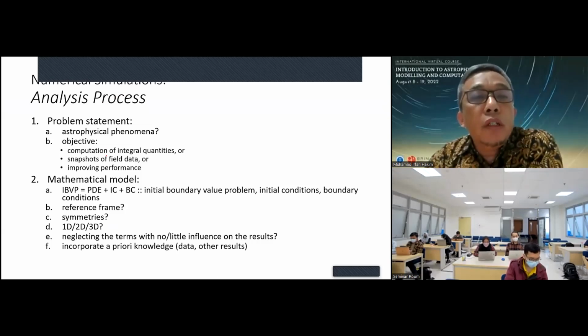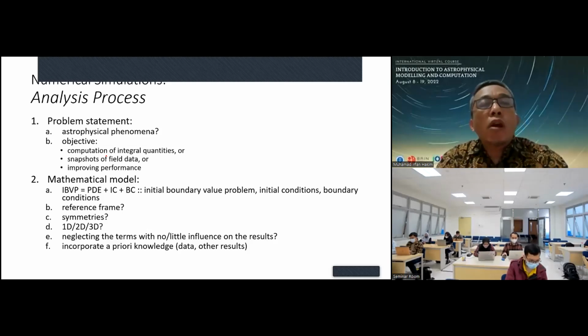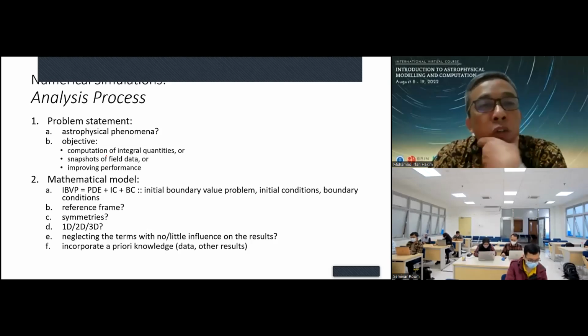Do we need to compute integral quantities, or do we only see a snapshot of field data at a specific time, or do we want to improve performance of a simulation code, for example?